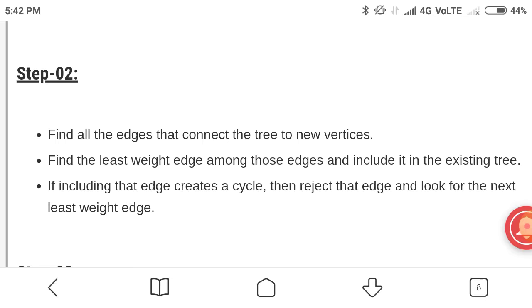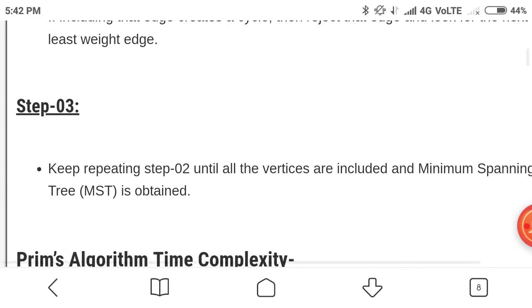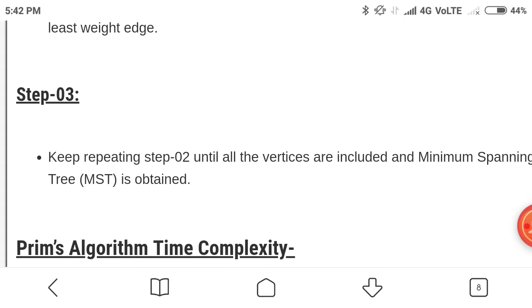If including that edge creates a cycle, then reject that edge and look at the next least weight. Now step 3: continue step 2 until visiting all the nodes, and finally you will get the MST as the output of the algorithm.